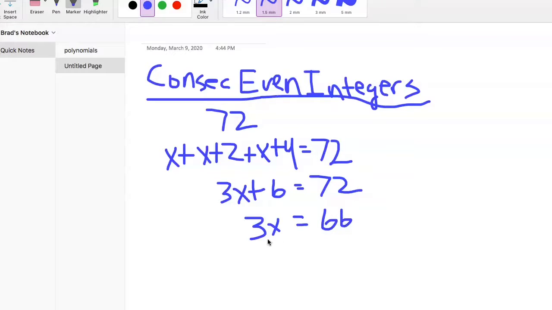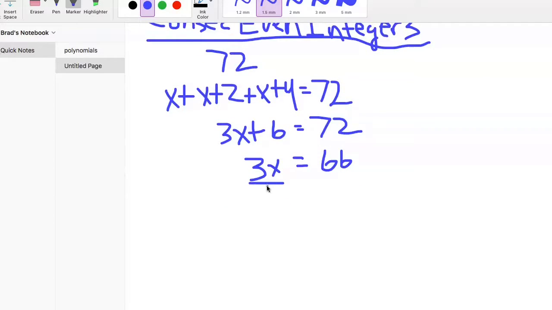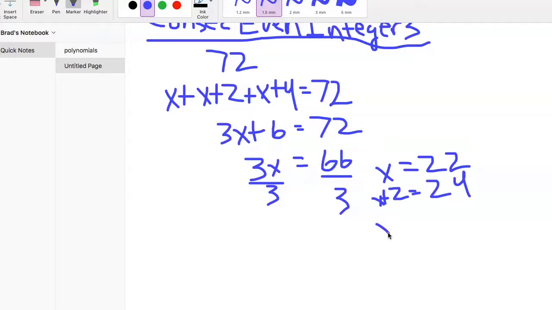I'll divide each side by 3. 66 divided by 3 is 22. So x is 22. Then it's exactly the same thing we just did, just change the numbers. x plus 2 is 24, and x plus 4 is 26. So again, there's our answer.